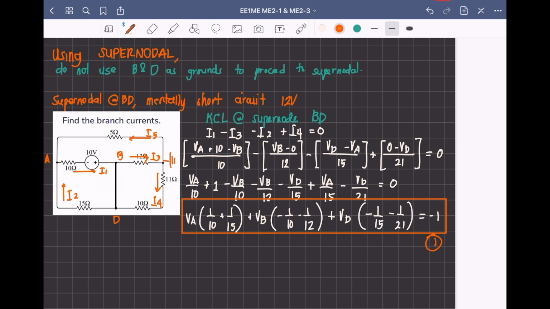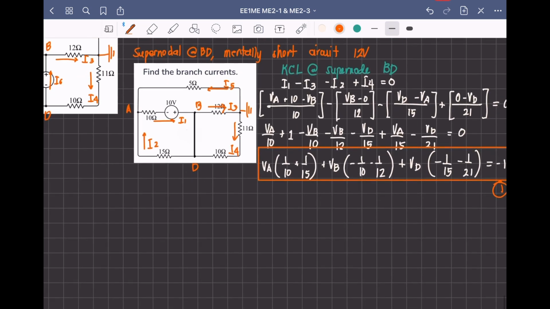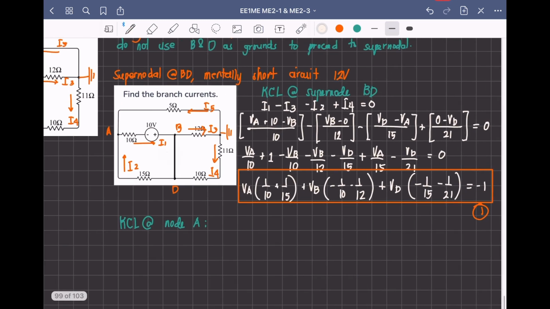Okay, next. After taking KCL from the supernode, of course, you have to proceed with KCL at the other nodes pa. So in this case, ang tira mo na lang node na pwedeng pag-KCLan is node A. So we KCL at node A. And if you're going to look at node A, you have there negative I sub 1.